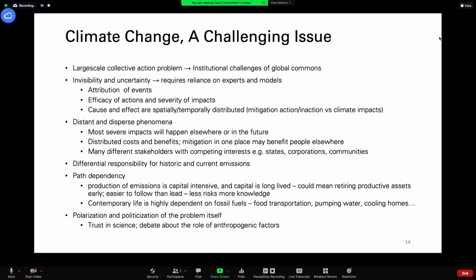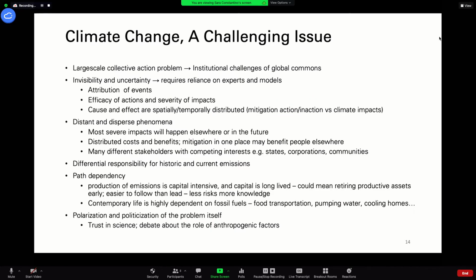There's also uncertainty about the efficacy of one's own actions and the severity of future impacts. Because cause and effect of one's actions or policies today and the impacts in the future are separated by a lot of time, it's hard to match one kind of policy or behavioral action to the impacts in the future. And so this increases uncertainty.